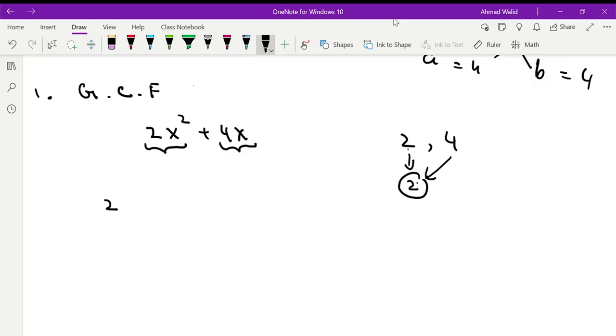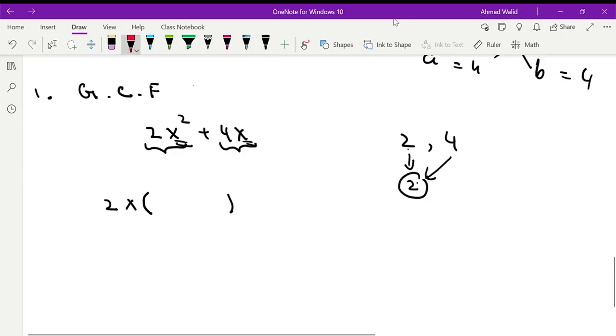How to deal with variables? Always look for the lowest exponent. Take that one as a common. Between x squared and x, the lowest is x because the power of x is 1, correct? Now, open a parenthesis.